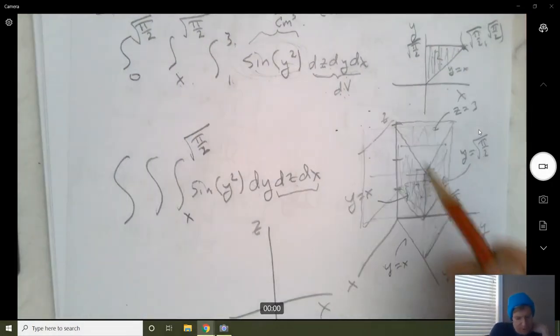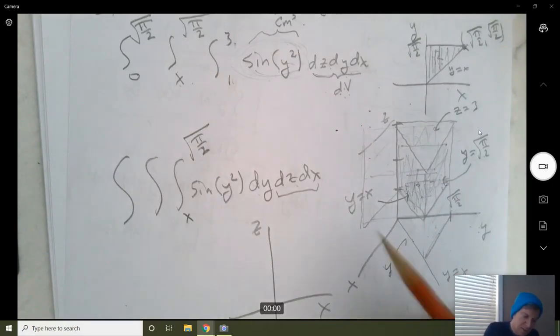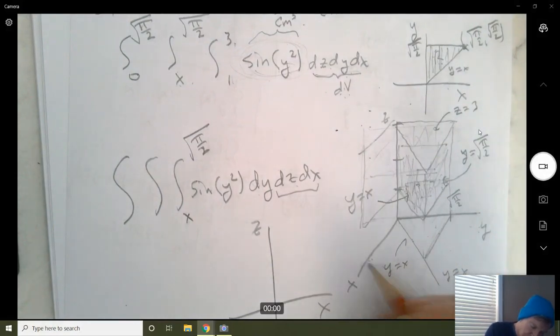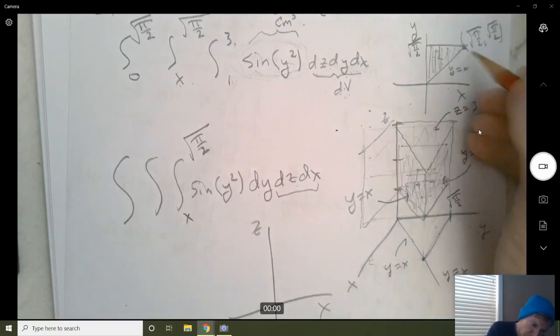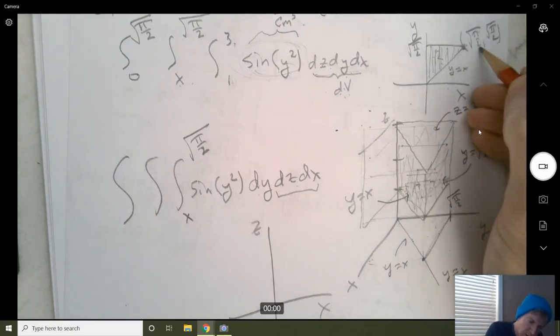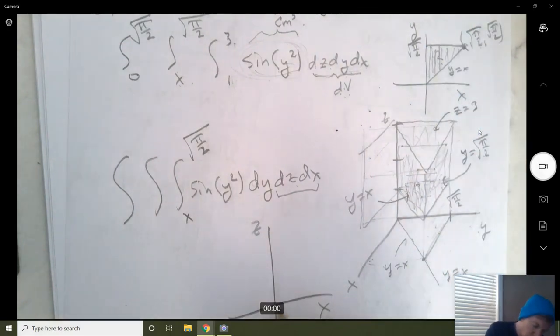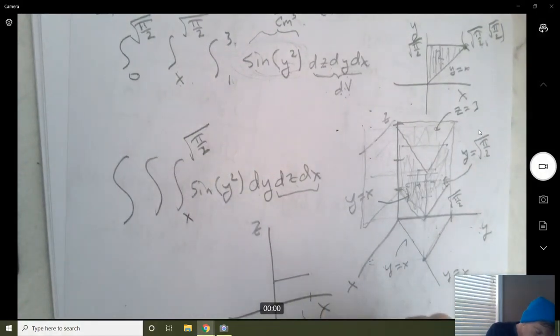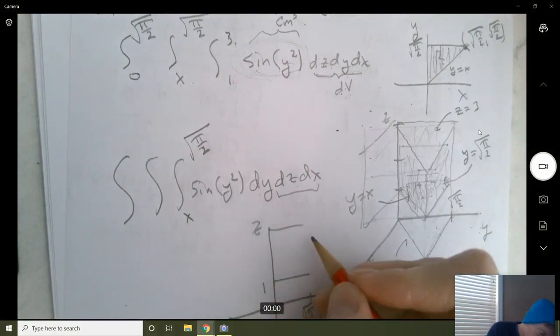It's easier to draw here. Your x is going to go from 0 to this point right here, which we know up here is root pi over 2. So x goes from 0 to root pi over 2, and then our z goes from 1 to 3.